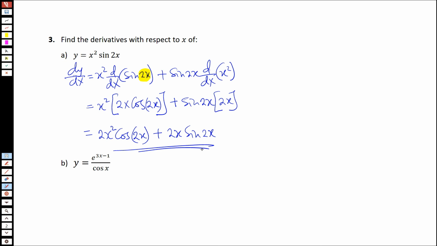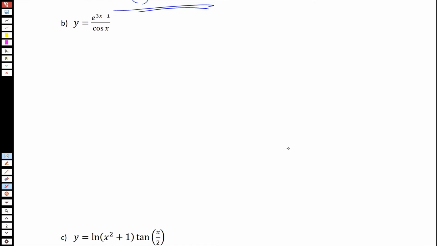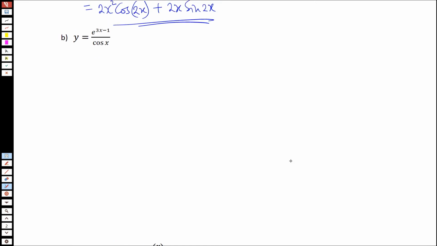Okay, for part B, we have y is equal to e to the power of 3x minus 1 over cos x. Now here, because we have a quotient, we are going to apply the quotient rule. Let y be equal to u over v, where u is e to the power 3x minus 1 and v is cos x.